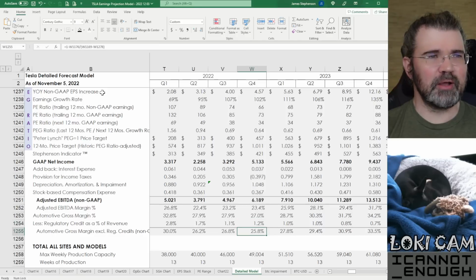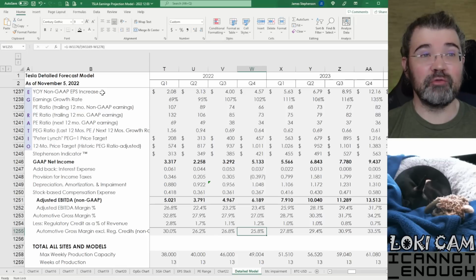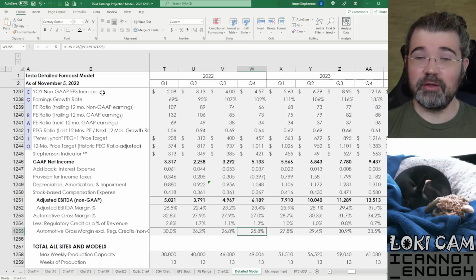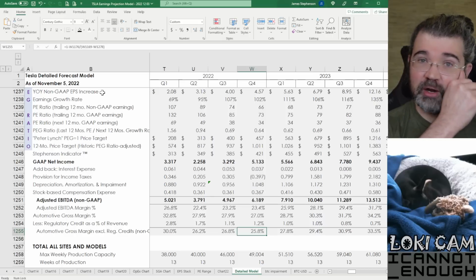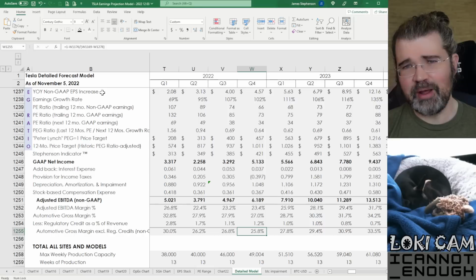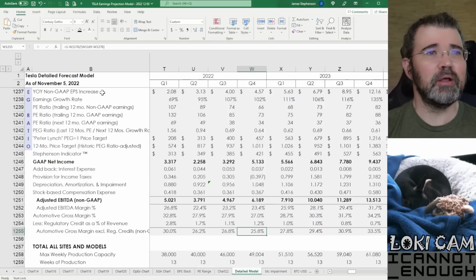So this is a good number to look at. What would the automotive gross margin be if regulatory credits did not exist? I'm forecasting that number lower in Q4 as a result of some lower pricing and some promotional offers in China and in the US, especially in Q4.